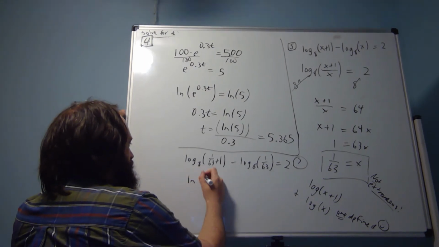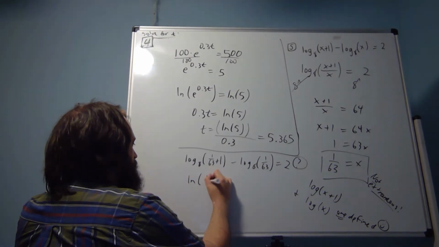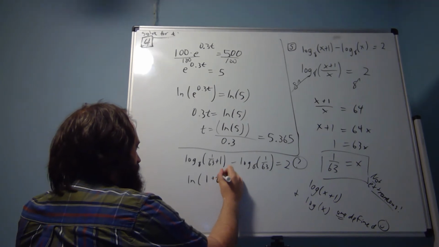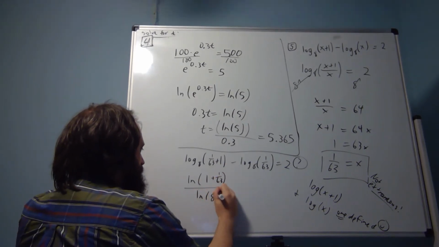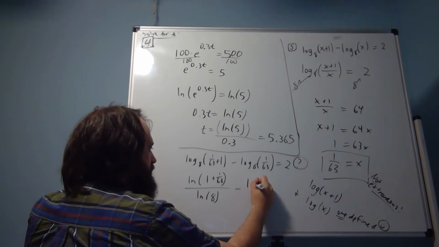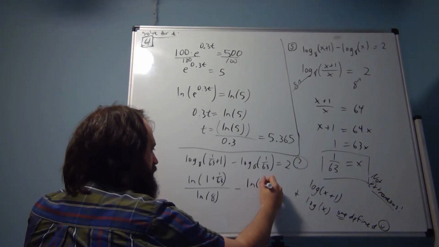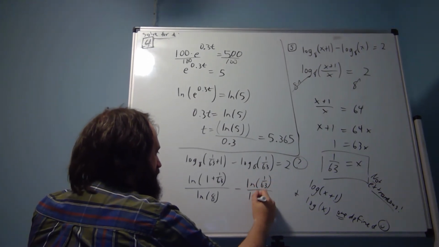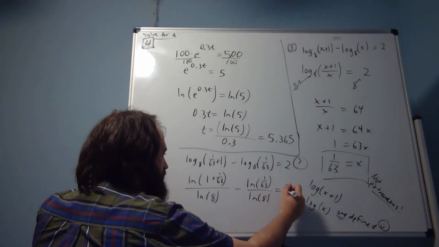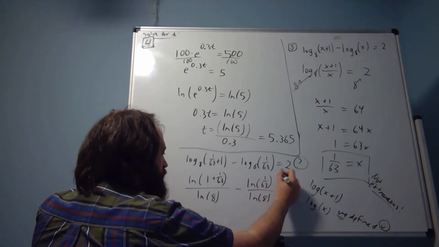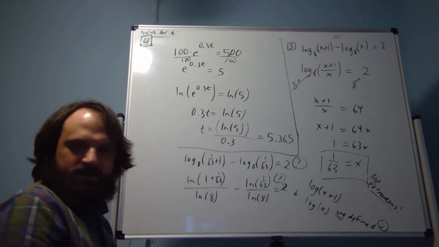Let's use the change of base formula. So it's ln of 1 plus 1/63 divided by ln of 8 minus ln of 1/63 divided by ln of 8. And is this equal to 2? Question mark, that's what's supposed to happen.